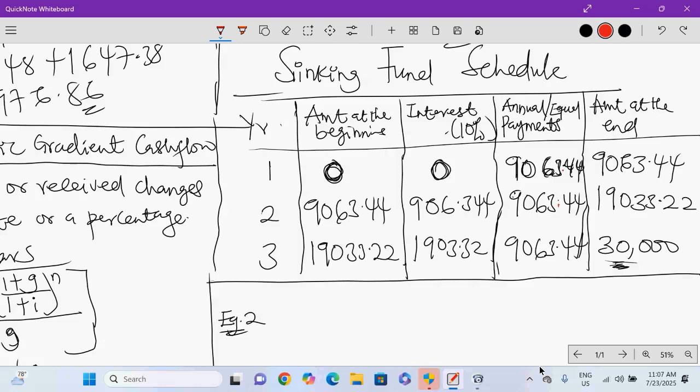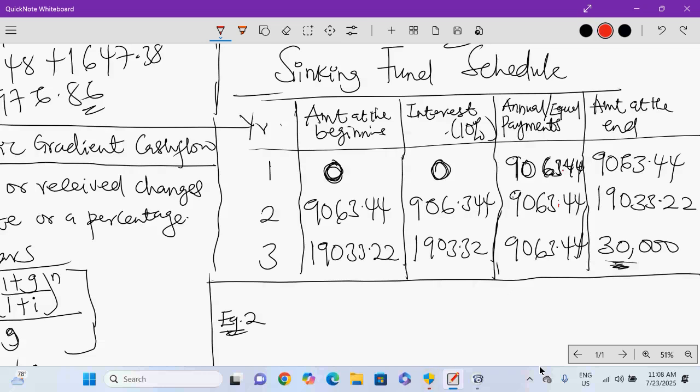Because that is annuity. You are making equal payment. You've made up your mind that every year I'll deposit 1963.44 into the fund. You are depositing 1963.44 into the fund every year. So this amount is constant throughout.